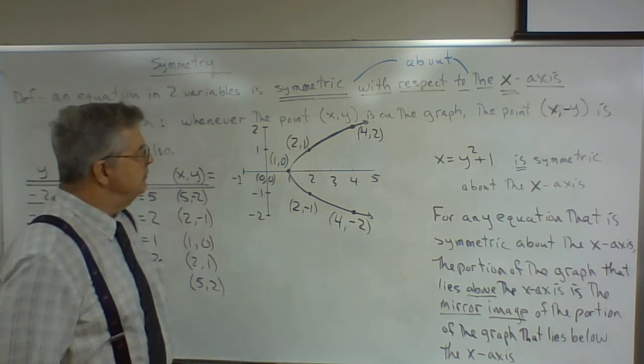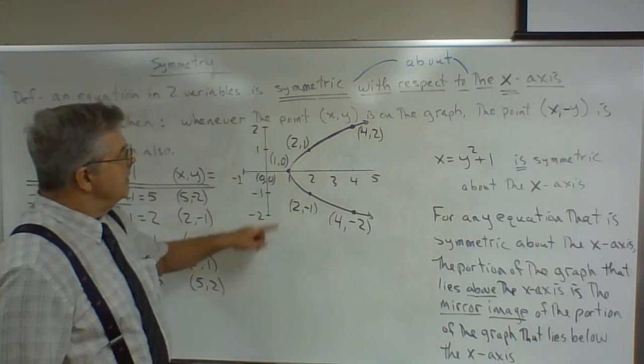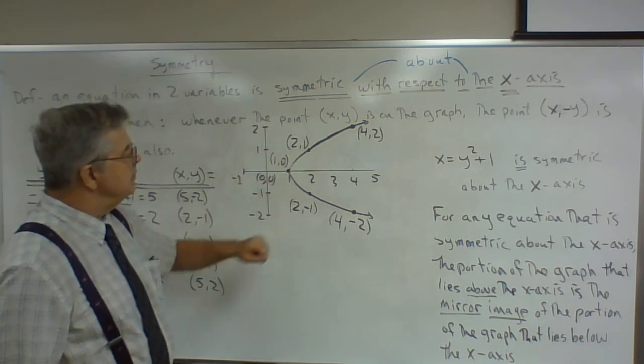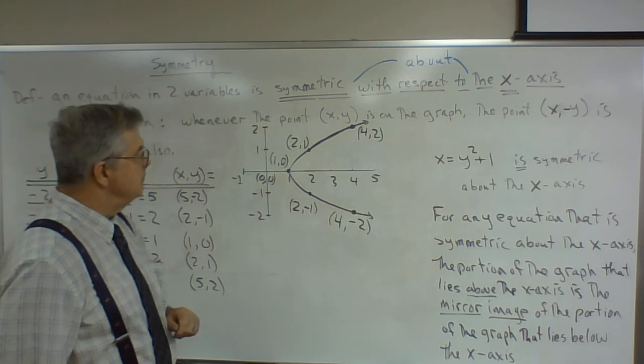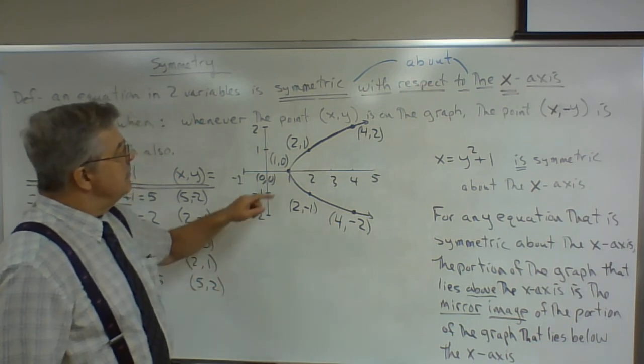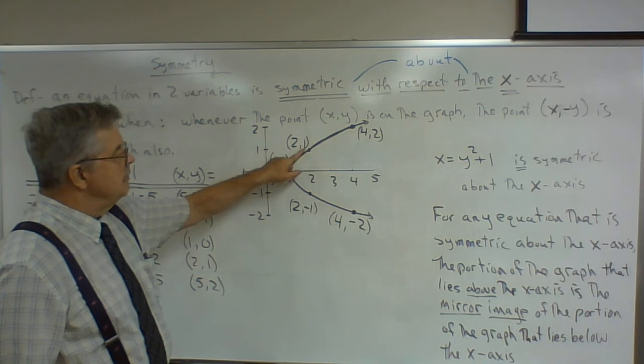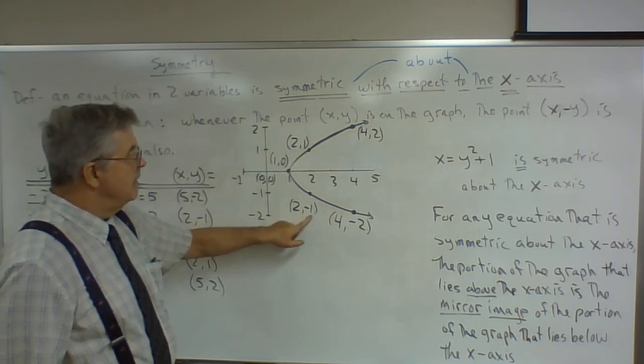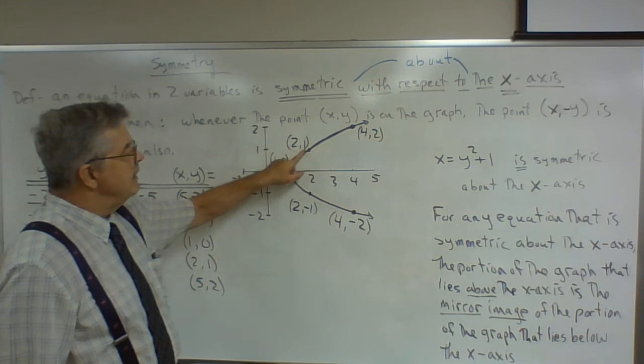And notice what goes on. These 2 points have the same x coordinate, 2, but different y coordinates. Y equals 1, y equals negative 1. When we plug in this value of y, we get x equals 2.